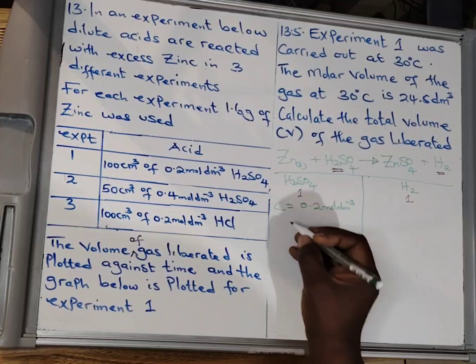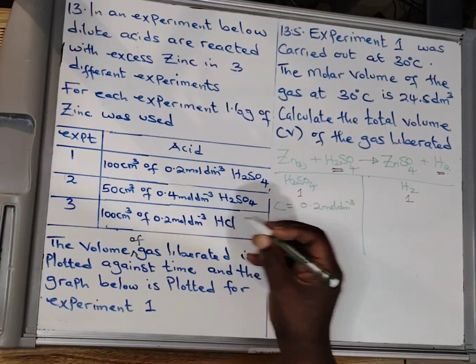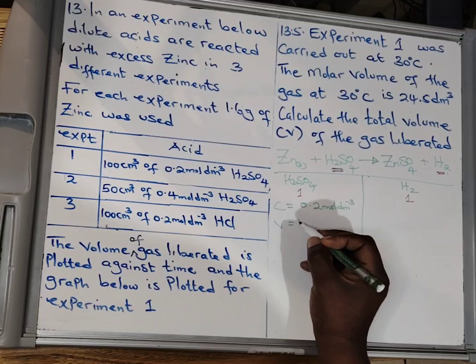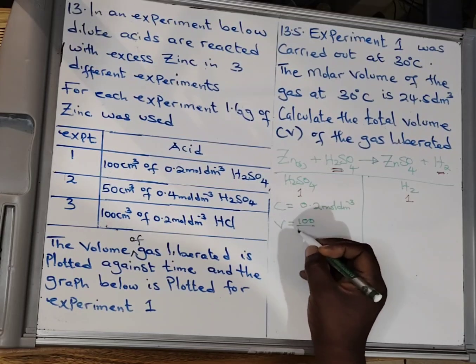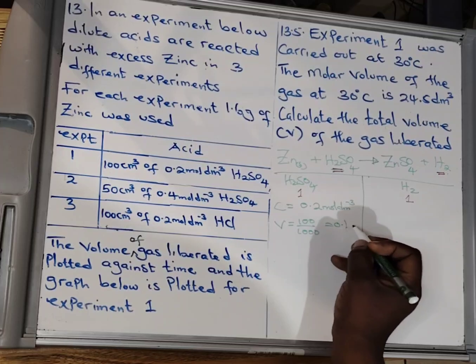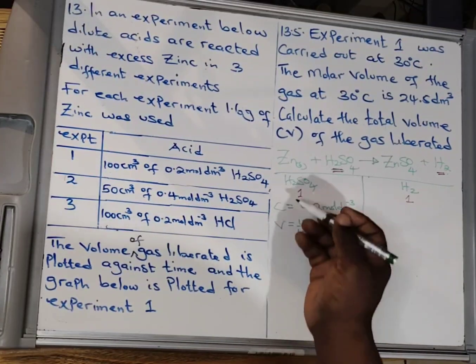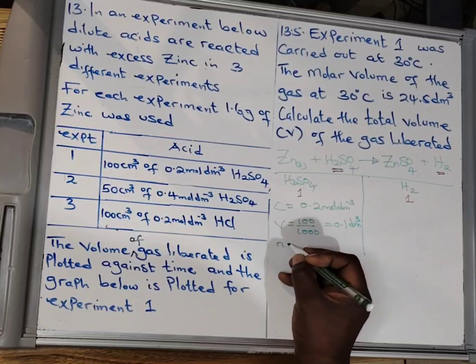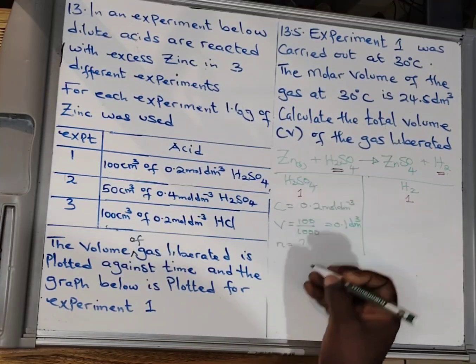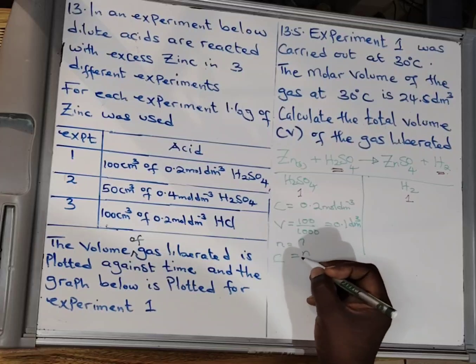What else do we know? We know the volume. What's the volume? It's 100 cubic centimeter. So when you convert it to cubic decimeter, you get 0.1 cubic decimeter. Having concentration and volume gives you number of moles, which are calculable through this equation.